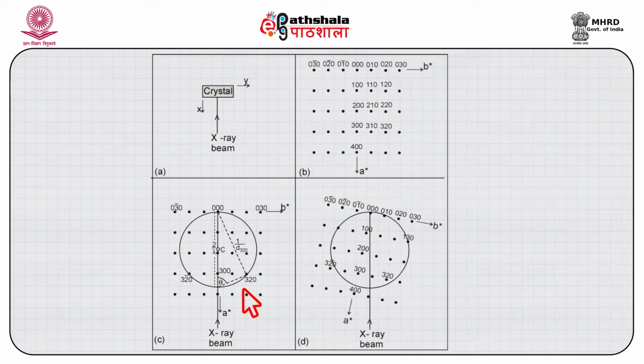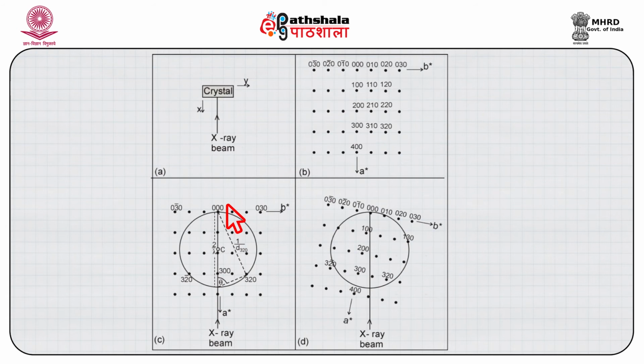Therefore, the points intersecting on this circle will mean constructive interference, and if we have a recorder or detector moving along this and this point is intersected, a constructive interference or an X-ray peak will be recorded. So, in a particular position in this plane 320 plane is intersecting with reference to 000 or origin in this reciprocal lattice.